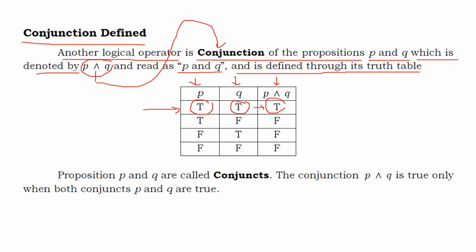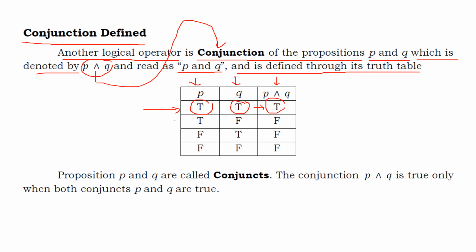Now, if one of the truth values between your two propositions P and Q is false, then the resulting value for the conjunction of P and Q is now false.